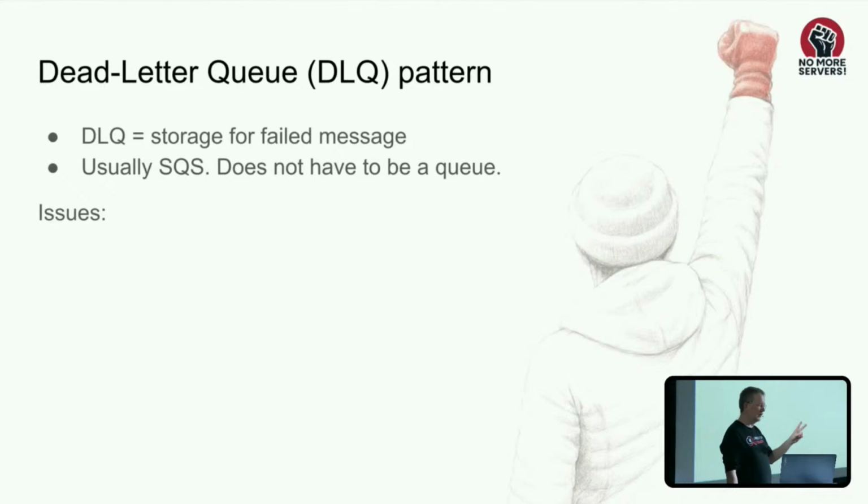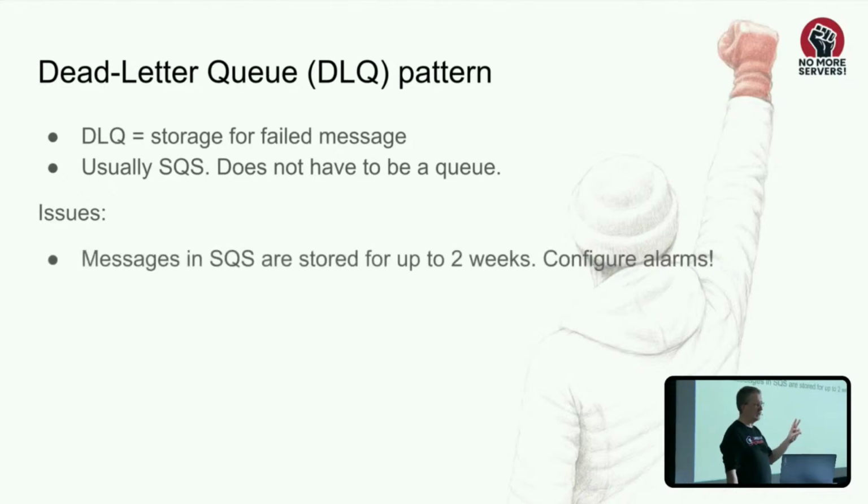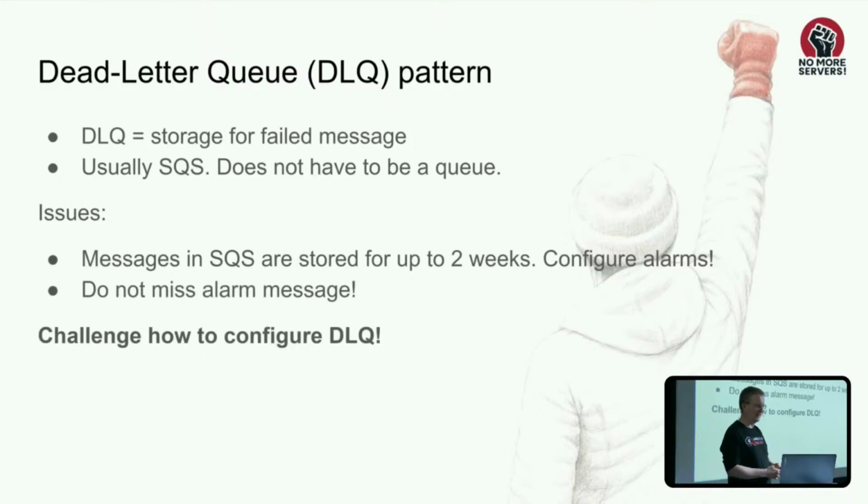What is important, if you use SQS, you can store the records only up to 2 weeks. So configure alarms, and even more important, don't miss those alarms, which you probably will. It's really challenging to correctly configure the dead letter queue. So buckle up, this will be a ride.